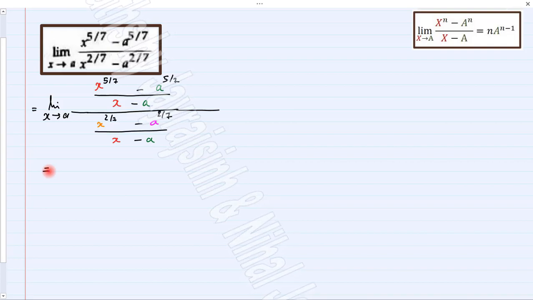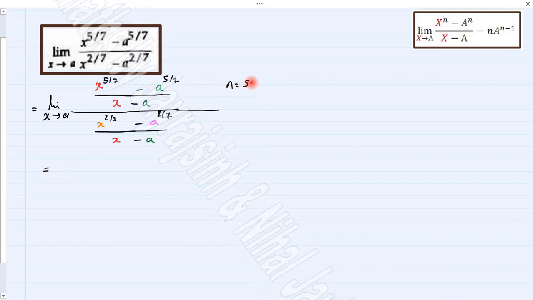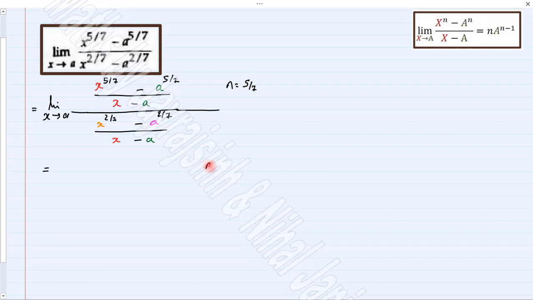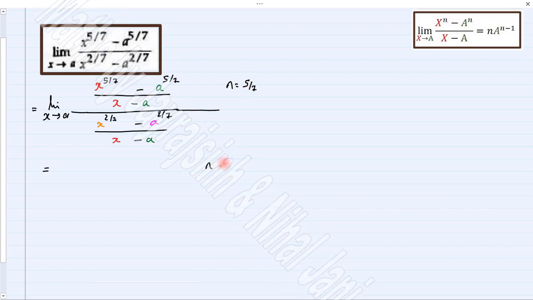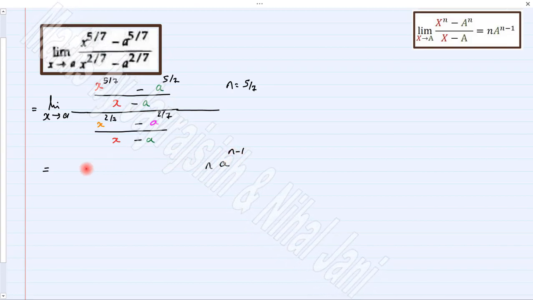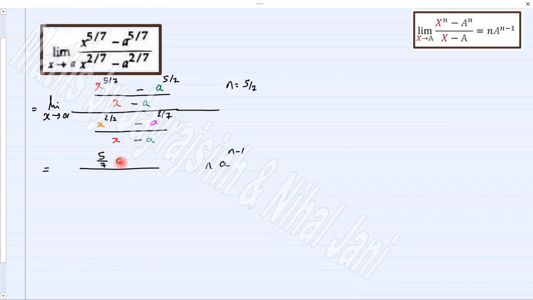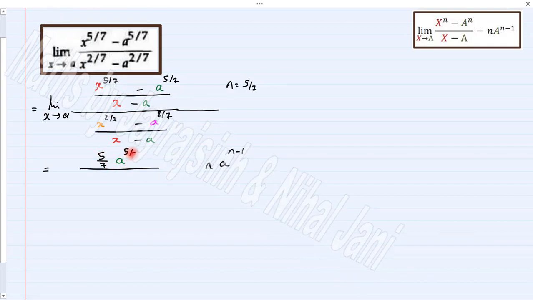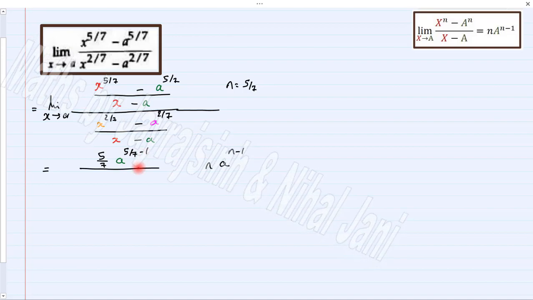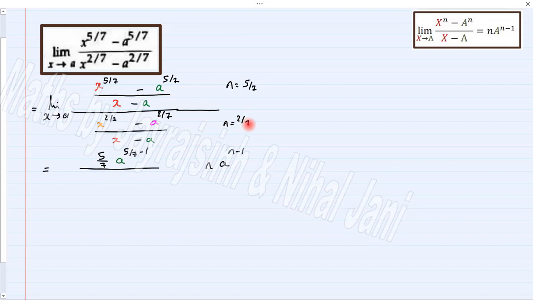So in numerator, we have standard form where n is 5 by 7. So let's apply the formula, and using right hand side, which is n into a raised to n minus 1, in numerator you will get 5 by 7 into a raised to 5 by 7 minus 1, and in denominator your n is 2 by 7.